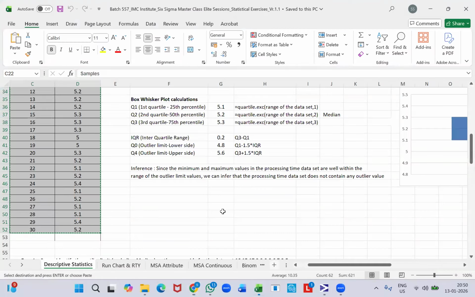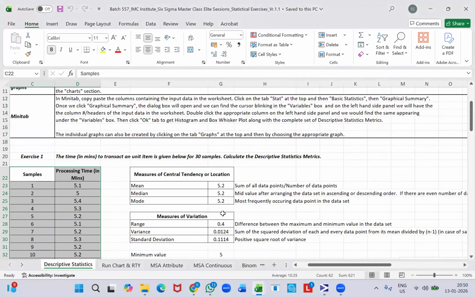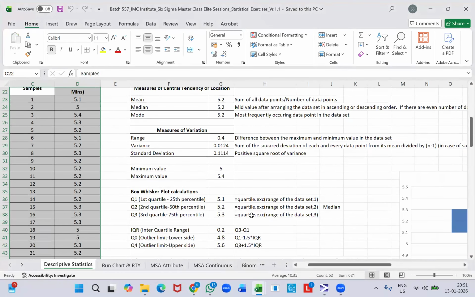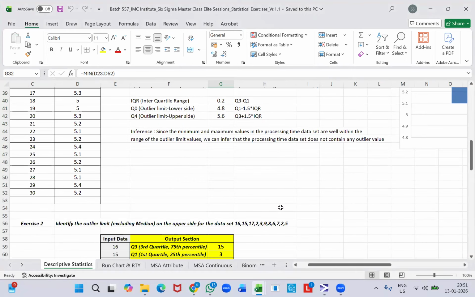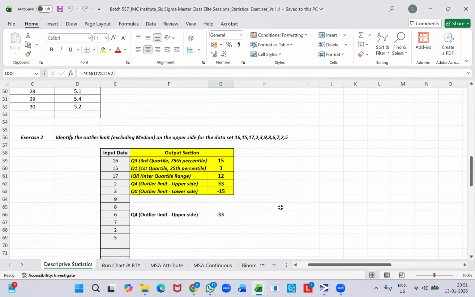It was not going too far. However, when we did the second exercise, it actually showed a huge variance. The maximum value shows 16, however, the Q4 shows 33 and Q0 shows minus 15. I got confused on this.